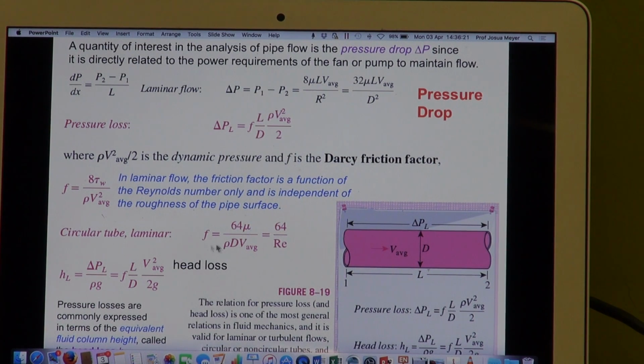as a little bit of a revision, you'll remember that for laminar flow through a tube, the friction factor is 64 divided by the Reynolds number. Okay? Do you remember that?